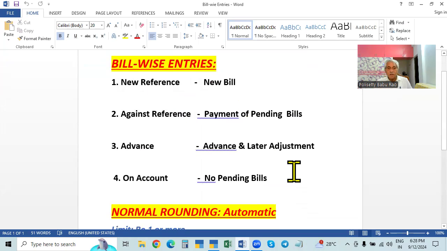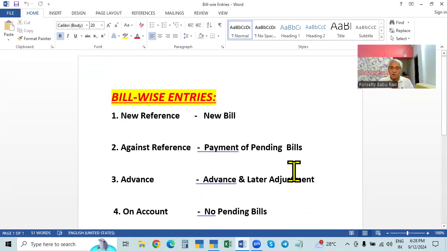See here, when you are going to purchase goods, we send an order to the suppliers to supply the goods, and they will supply, and we will make the payment later. This normally happens, but sometimes when giving the order, we will pay some amount as advance so that he can supply quickly.